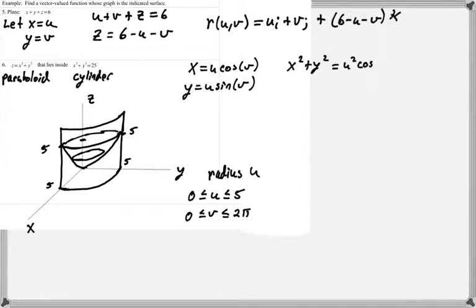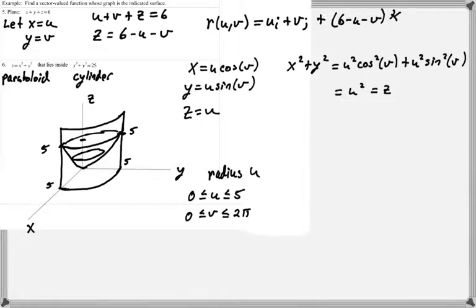Okay, and then z, we'll get to in a minute here. x squared plus y squared is equal to u squared cosine squared v plus u squared sine squared v. So we have it equal to u squared. No, sorry guys, we're making a substitution here, so this would not be z squared, it would just be z.